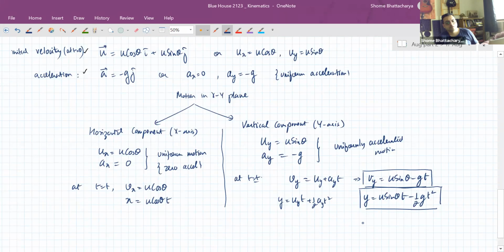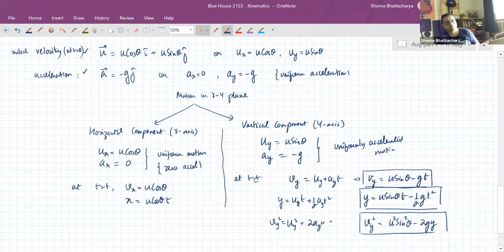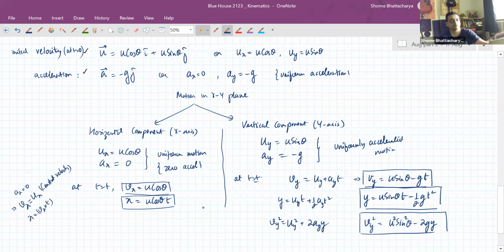And we can also write the third equation of motion. These equations are simply coming from this.